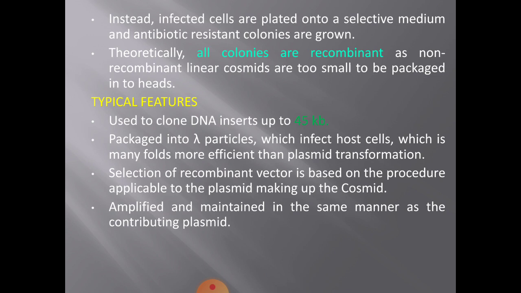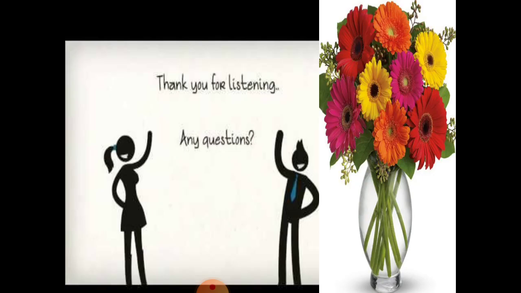Selection of recombinant vector is based on the procedure applicable to the plasmid which goes into the formation of the cosmid. What type of plasmid you select to design a cosmid will decide the type of selection of recombinant vector. Then these cosmids are amplified and maintained in the same manner as the contributing plasmids. So these are all the typical features of a cosmid.